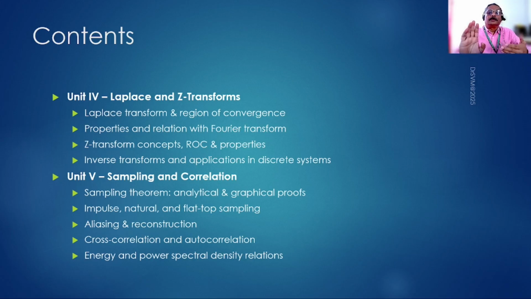Once we get into this unit, we start looking at the properties of the Laplace transform, properties of the Fourier transform, properties of the Z transform, and then something called region of convergence, their properties, inverse transforms, all these details.